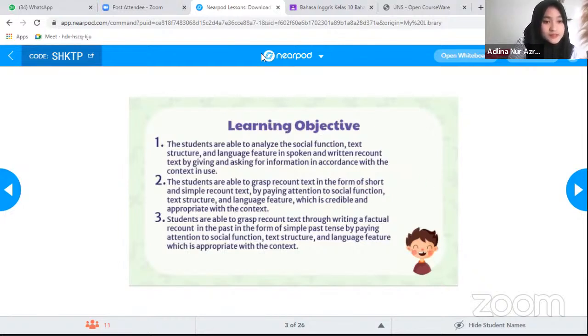The second is that students are able to grasp the recount text in the form of short and simple recount text by paying attention to social function, text structure, and language feature, which is credible and appropriate with the context. And the last one is that students are able to grasp recount text through writing factual recount in the past in the form of simple past tense by paying attention to social function, text structure, and language feature appropriate with the context. Next, please.